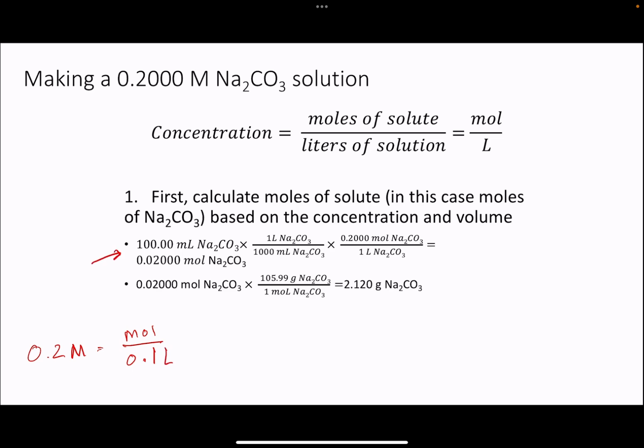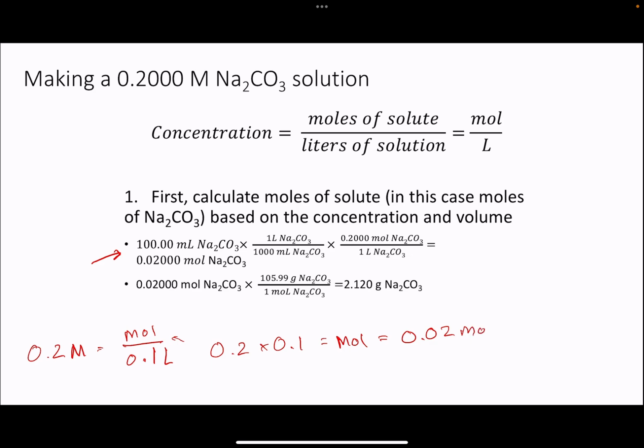Here I'm converting 100 milliliters using 1,000 milliliters per 1 liter, which gives me 0.1. Then I rearrange this formula to solve for moles, so 0.2 times 0.1 equals moles.